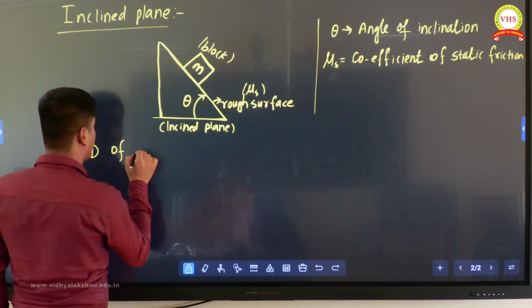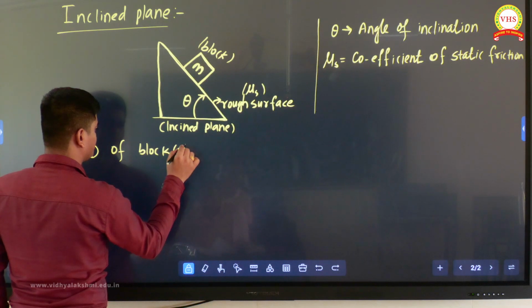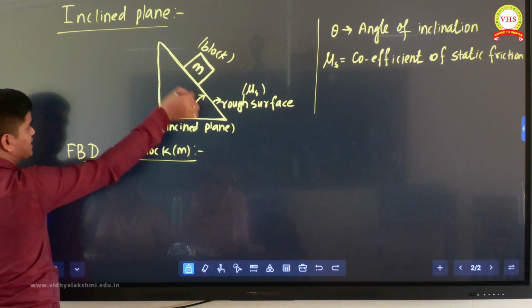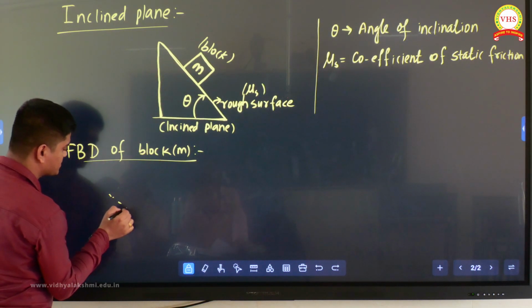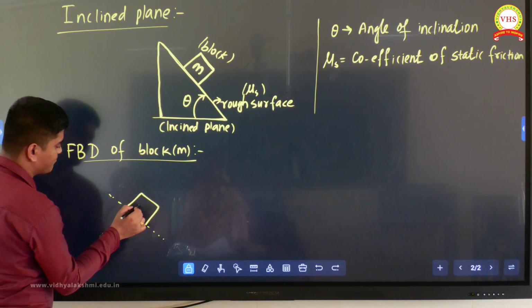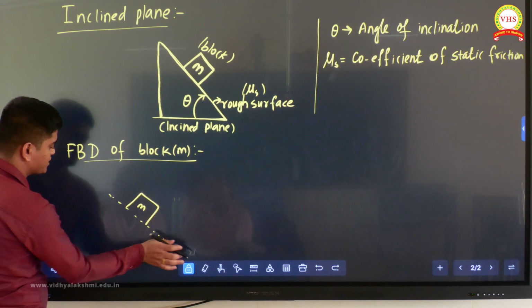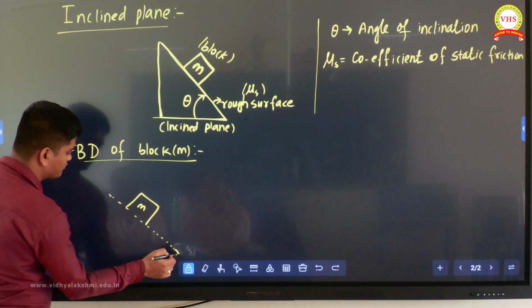If I do the free body diagram of block M, what will I get? Keep a dotted line along the axis, keep the mass M here, and this angle is theta.